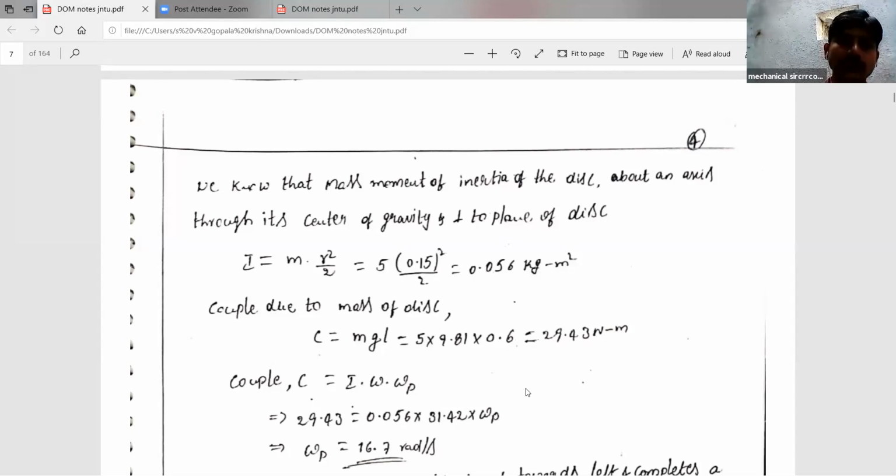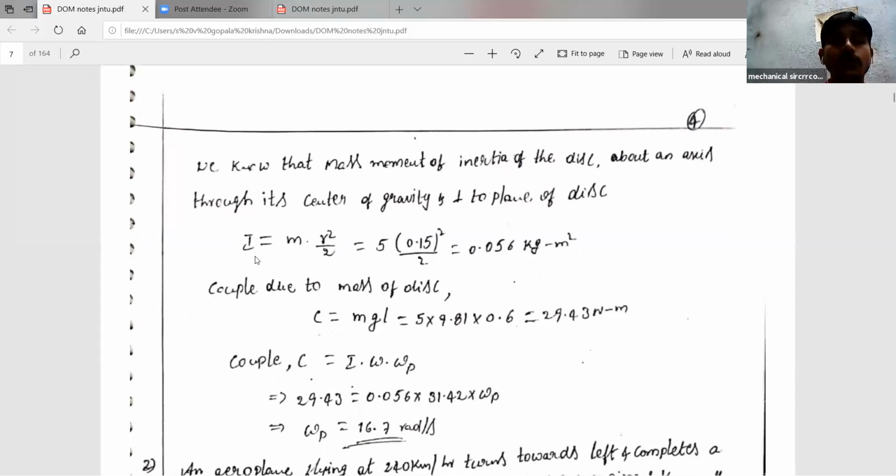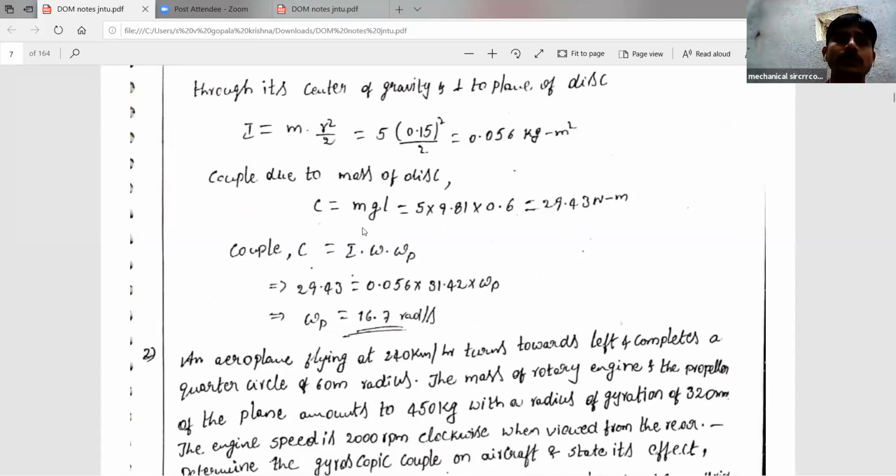And now, what is the formula for the gyroscopic couple? C equals I omega omega p. C we already got from the simple formula, so we substitute 29.43, I is 0.056, omega is 31.42, and omega p is the unknown.